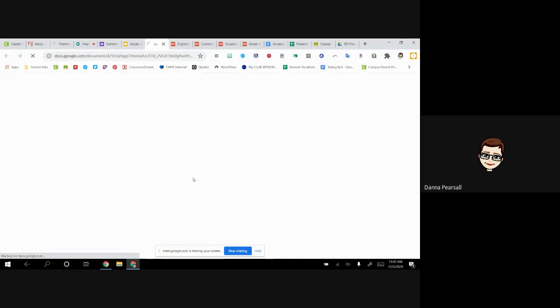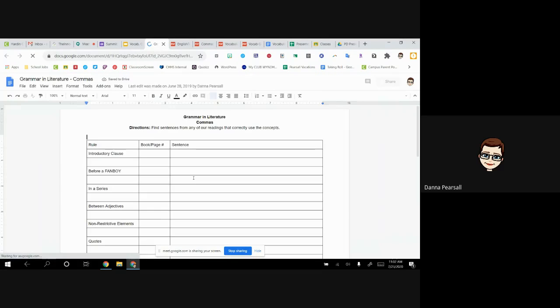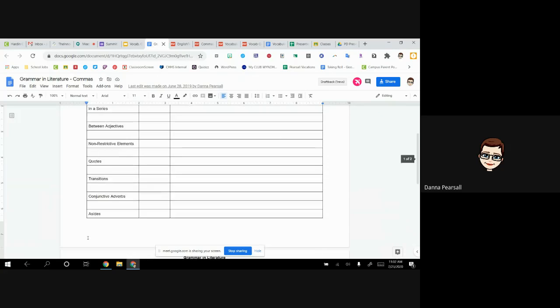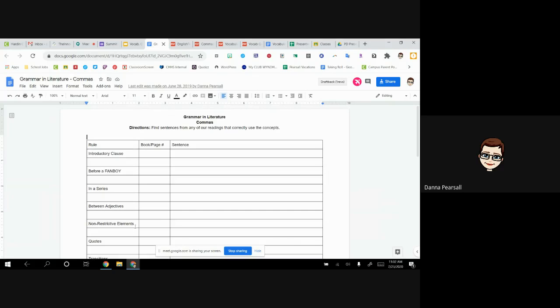The students are going to find examples from their reading, and this document is very much like the vocabulary and context document. So again, this has a whole lot of comma rules on it, and I probably would not do all of these at once, so just bear that in mind. Do what you need to do for your kids. But let's say you were talking about introductory clauses and how to use a comma with them.